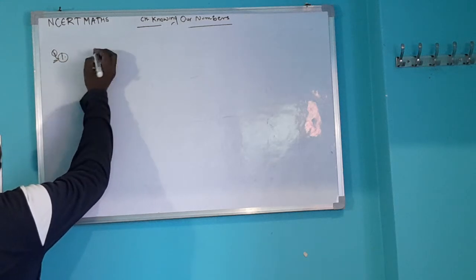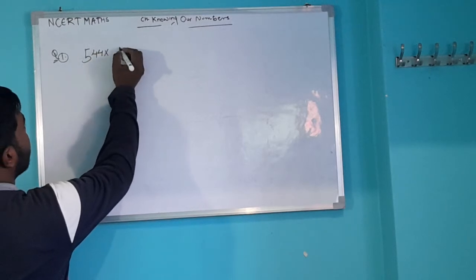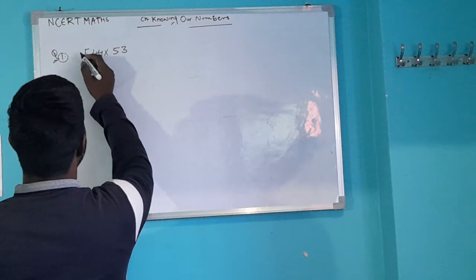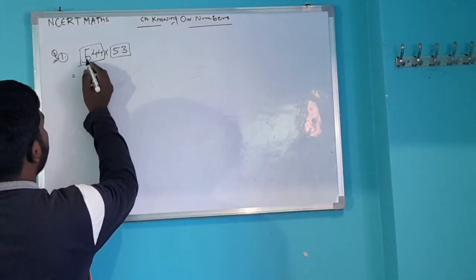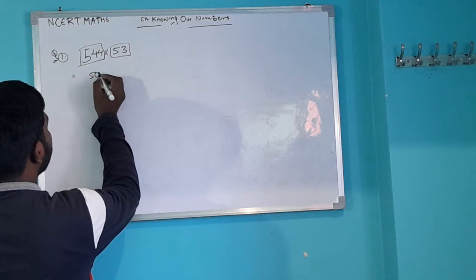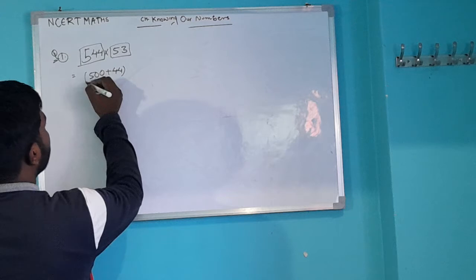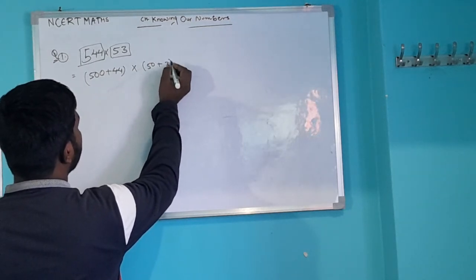For our next example is 544 into 53. Again we first resolve our first part, then the second. And 544 is written as 500 plus 44 into 50 plus 3.